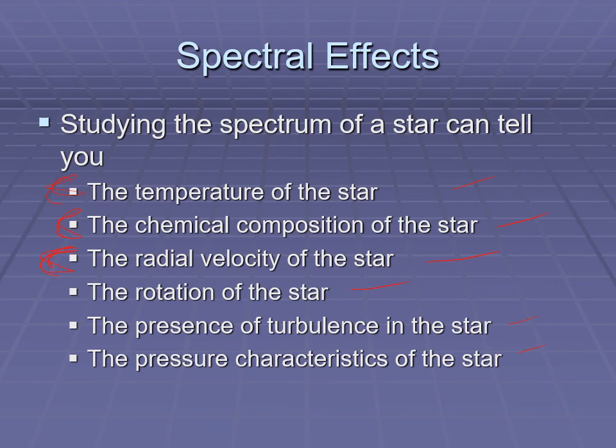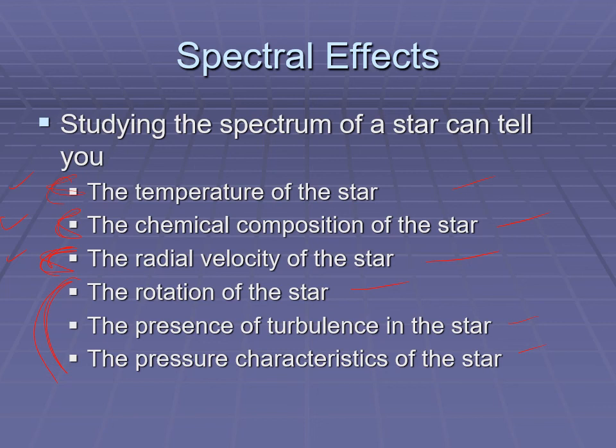And then the width of the spectral lines tells you these other factors down here. So like I said, the temperature is going to be the peak of the spectrum. The shift in the spectral lines tells you how fast the star is moving, and which spectral lines you have gives the chemical composition.